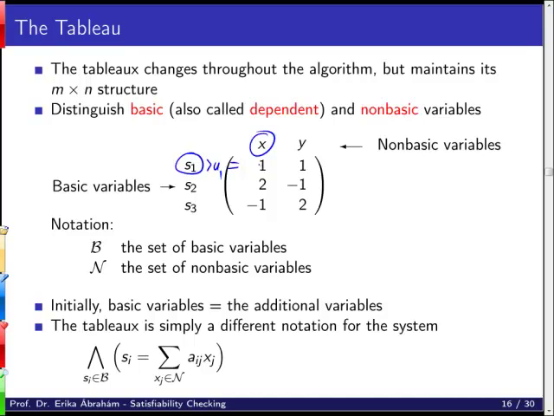Therefore, I modify my tableau and I change x and S1, because now I know that S1 is within its bounds. So I put it to the non-basic variables, and if x is outside its bounds, then it must be under the basic variables. And in order not to get into loops, by, in the next step, for example, changing the value of x and taking S1 as compensation, we will take only those non-basic variables which are not yet at their bounds.